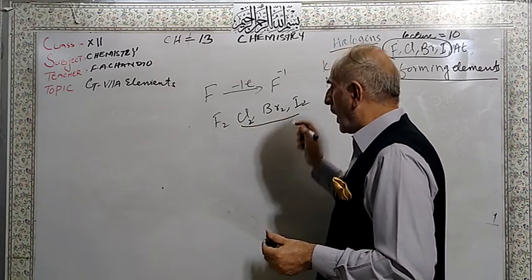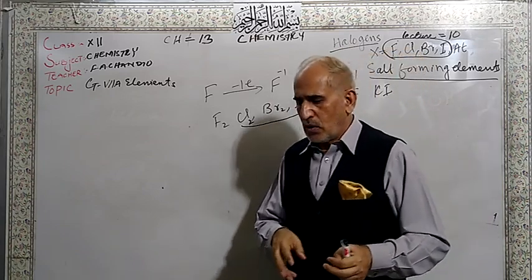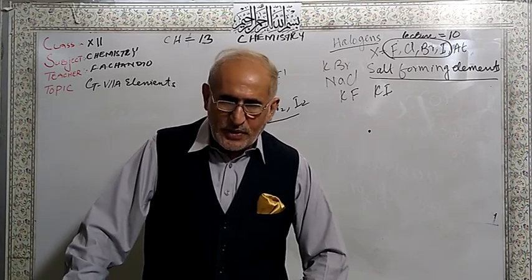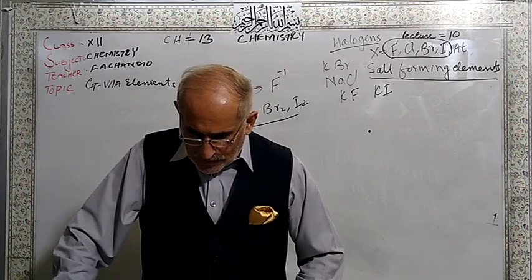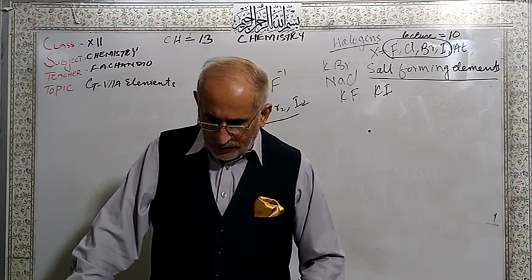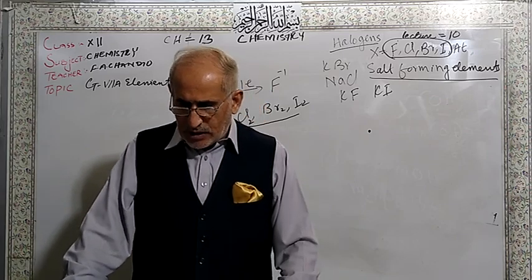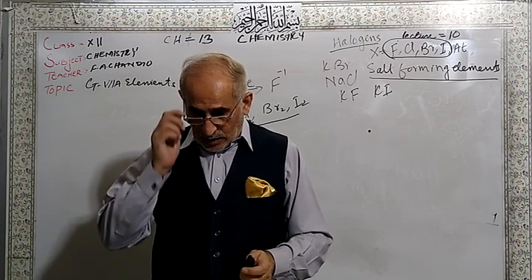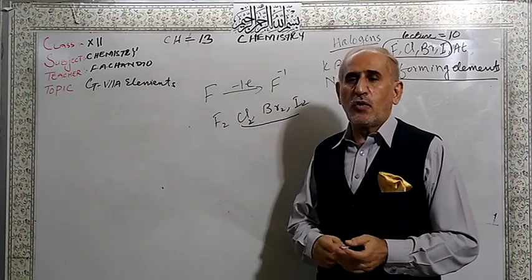From chlorine to iodine, electron affinity decreases. So chlorine has the highest electron affinity in the group, due to the strong repulsion between the added electron and the electrons already present in the 2p orbitals of fluorine, since they differ in structure.